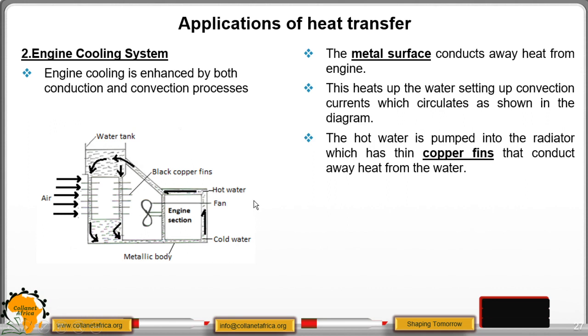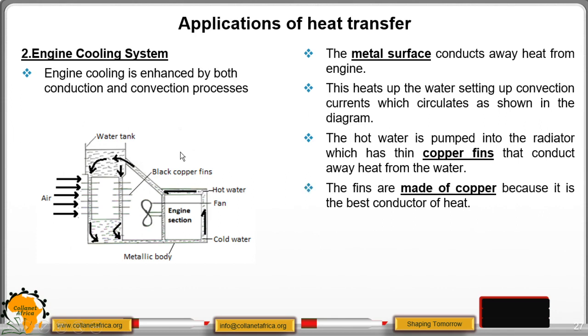As it rises up, it passes through where we have black copper fins. Remember, copper is a good conductor of heat. So as hot water passes through where we have the copper fins, those copper fins are able to get heat from the water and they conduct that heat away, which implies that our water will lose some heat.